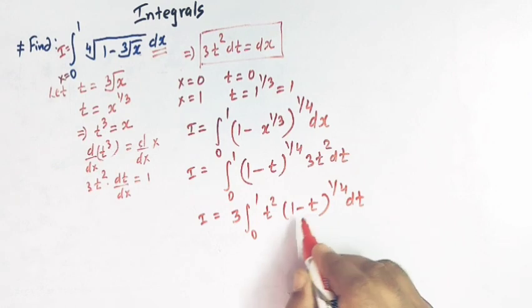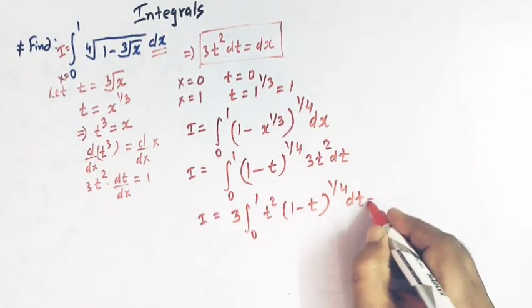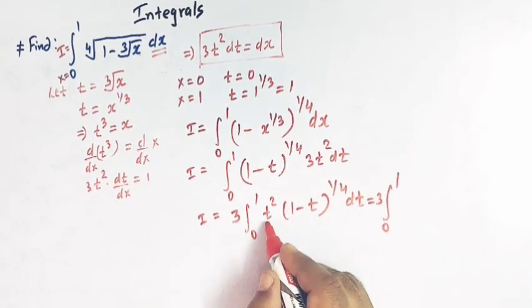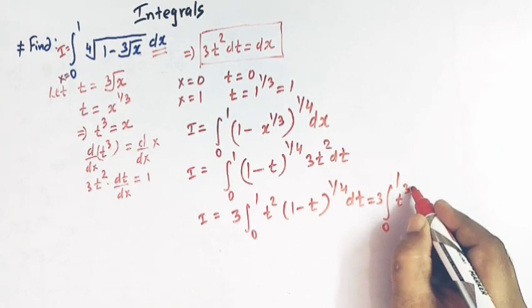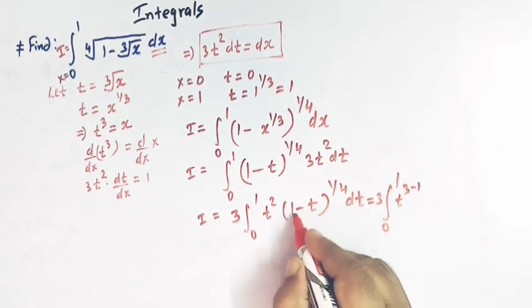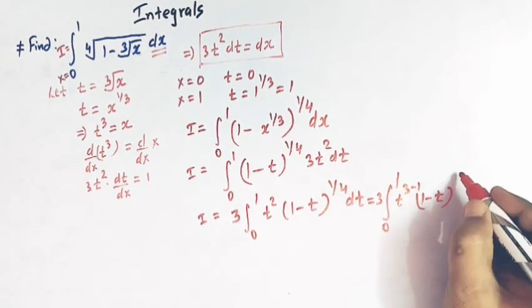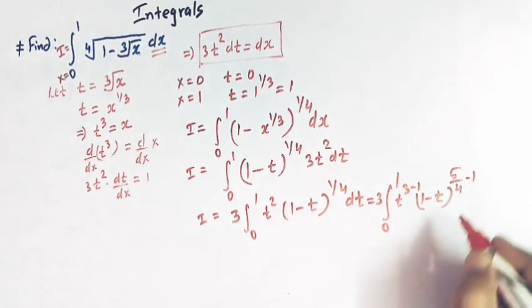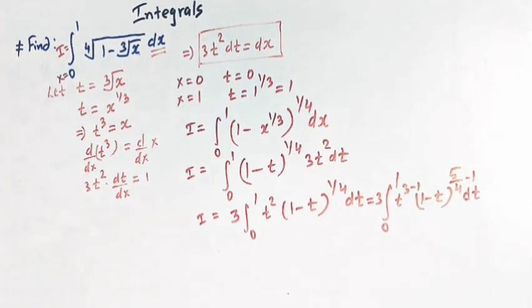Now we can convert this integral into a beta integral, that is 3 times the integral from 0 to 1. We can express t square as t raised to 3 minus 1, and (1 minus t) raised to 1 over 4, which we can write as 5 by 4 minus 1, and here we have dt.